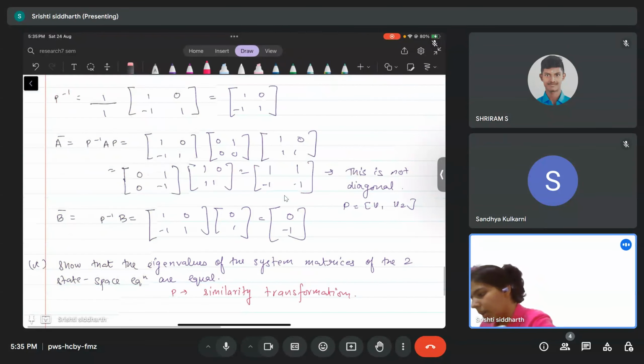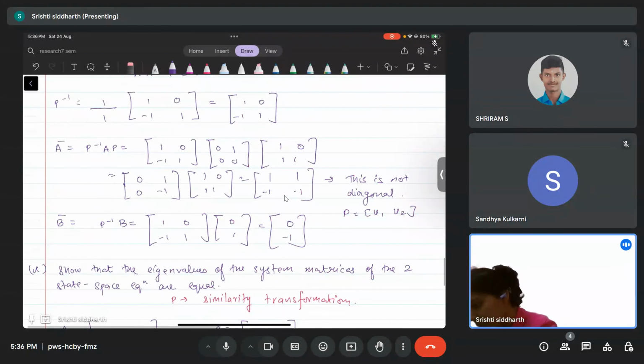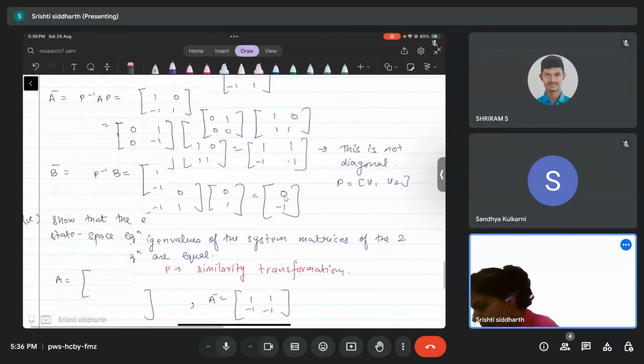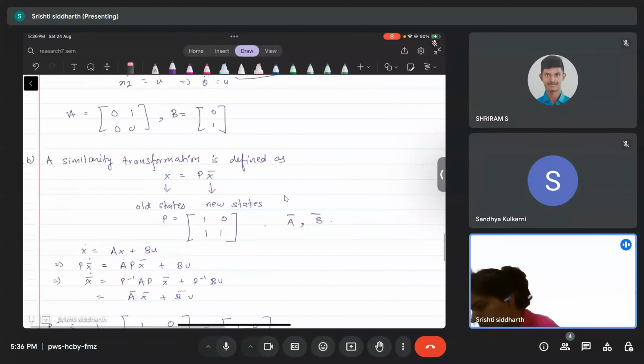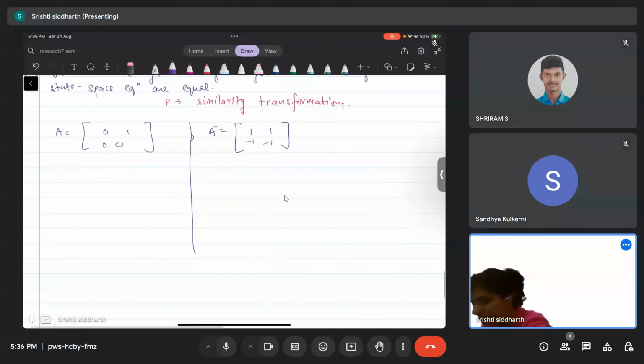So let's compute the eigenvalues of A and A bar quickly. So we have A and A bar. A bar is [1, 1; minus 1, minus 1] and A was [0, 1; 0, 0]. Alright.